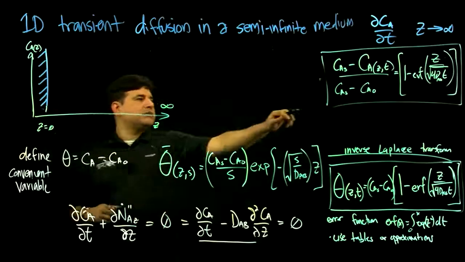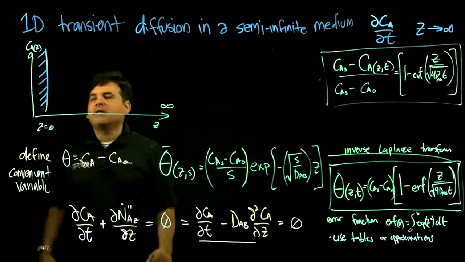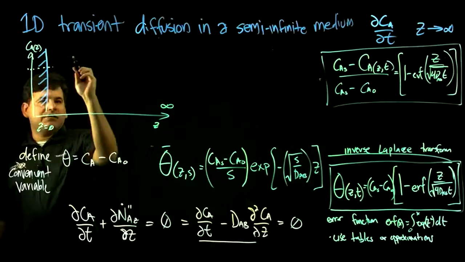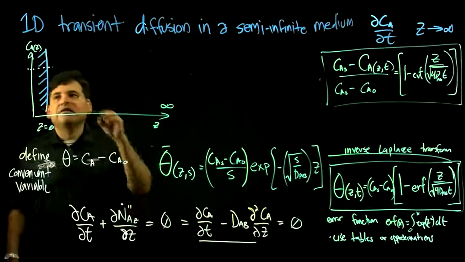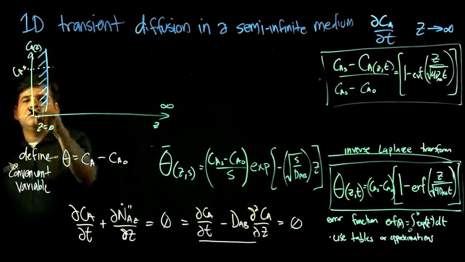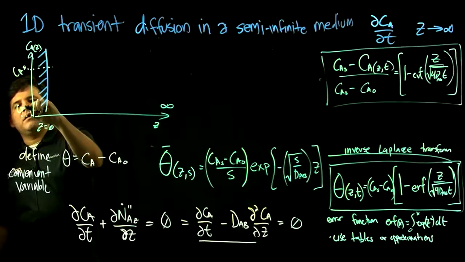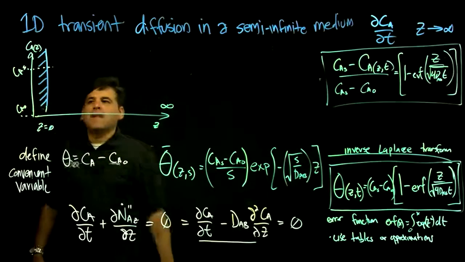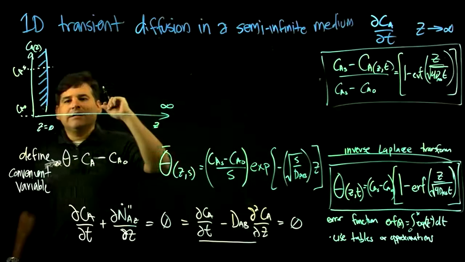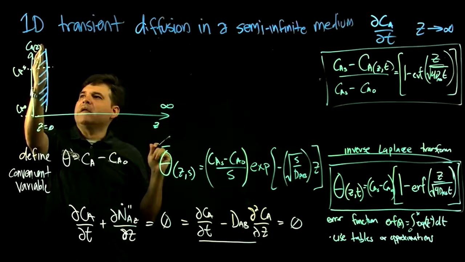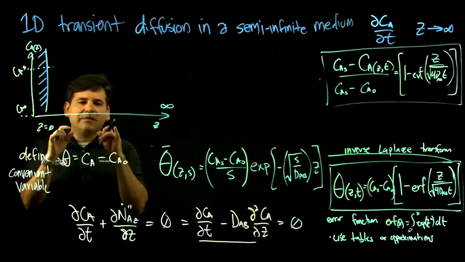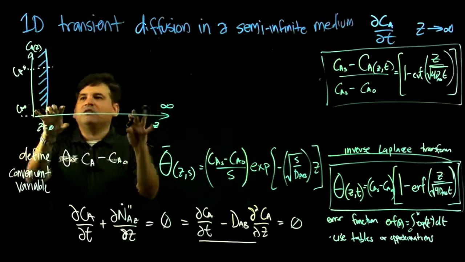So what the solution is saying is, let's call this CA surface. This is the surface concentration. Let's call this level here the far stream concentration. What this equation looks like is we're taking slices, fixing a time at one snapshot in time, and this is what the profile in z would look like.